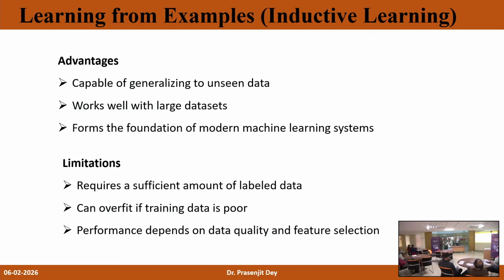So if, along with 2 and 4, you have other information related to the leg, that will definitely guide us to a better judgment. But if it is just 2 and 4, there is one point at 2, one point at 4, and a new point comes at 3. Now which class it belongs to, you cannot decide.